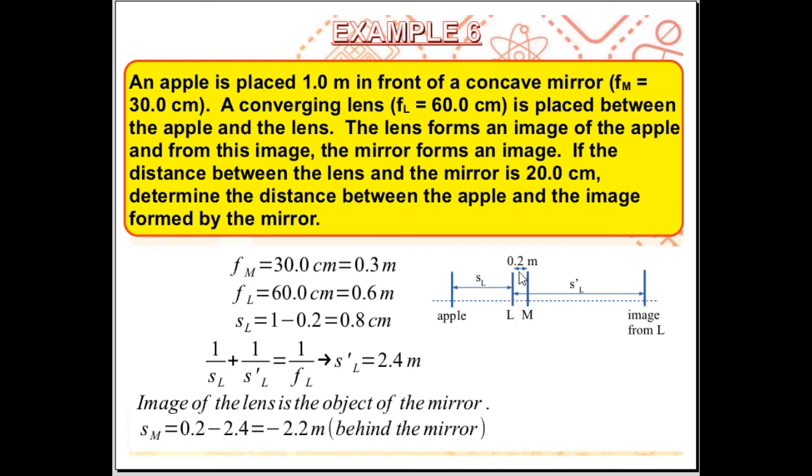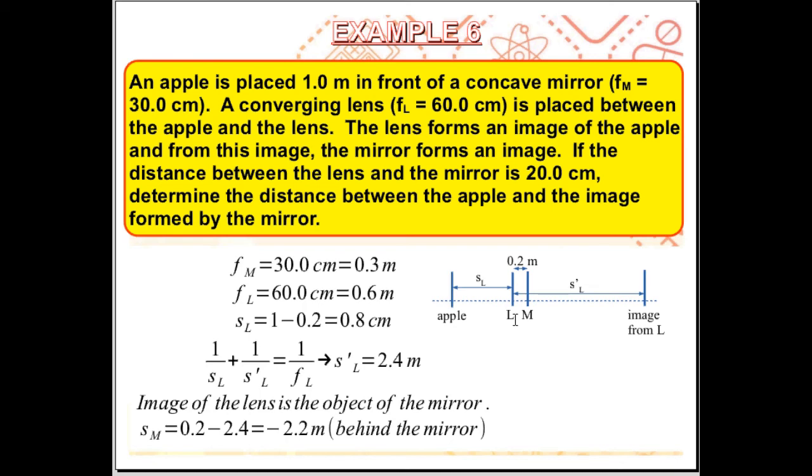Lens and mirror is 0.2 meters, so mirror to the object is 0.2 minus 2.4. That will give you negative 2.2 meters. Negative meaning the object is behind the mirror.